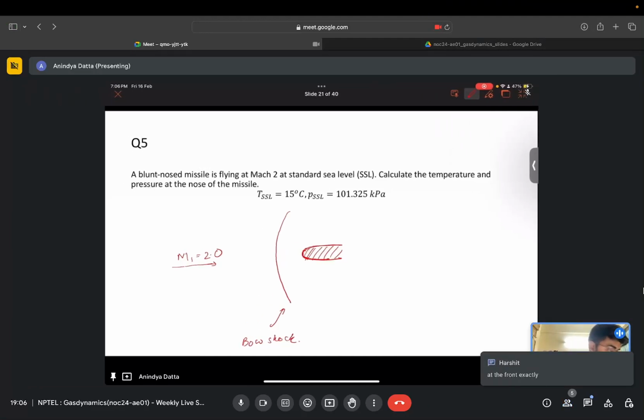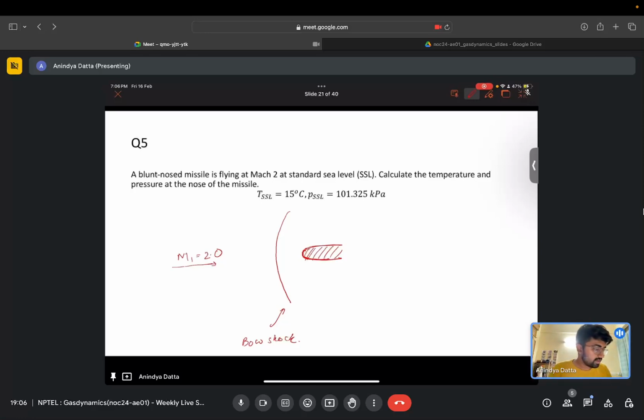If anyone remembers, we did a similar problem in the previous session. We had an aircraft flying at a Mach number, and we had to find the pressure and temperature at the nose of the aircraft. But in that case the speed was subsonic, so there is no shock, and the stagnation condition corresponding to that subsonic Mach number gives the temperature and pressure at the nose.